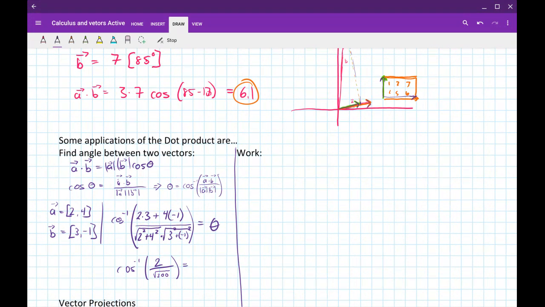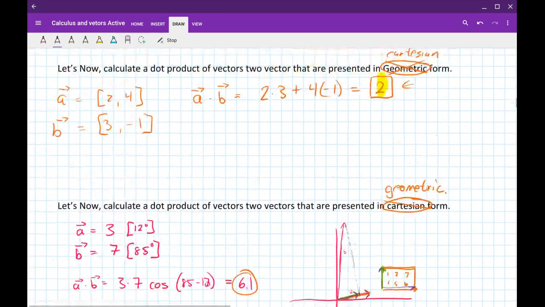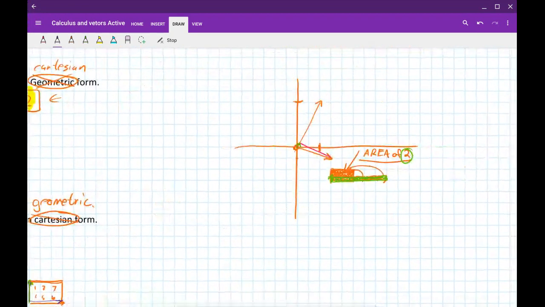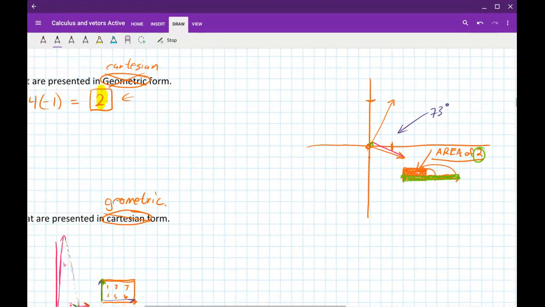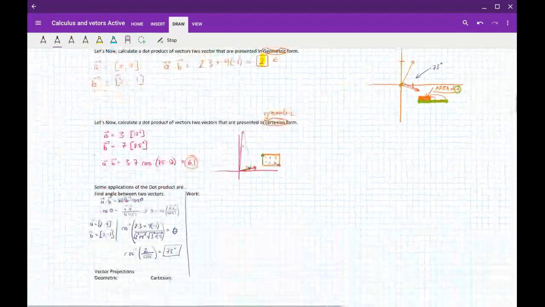If I type that in, cosine inverse, it's going to be about 73 degrees. So when I drew these vectors up here, A and B, it turns out the angle between them is around 73 degrees. Oh, sorry, these are the two vectors from before. Okay.